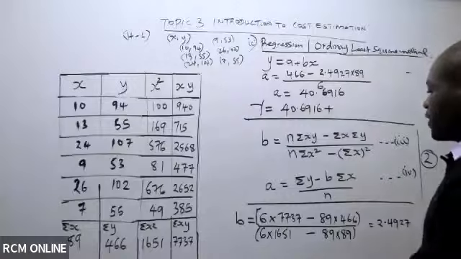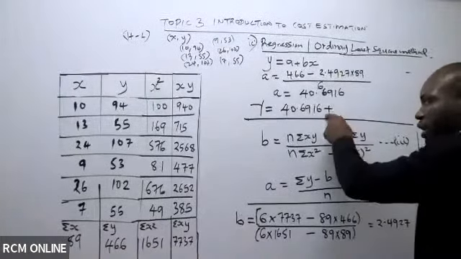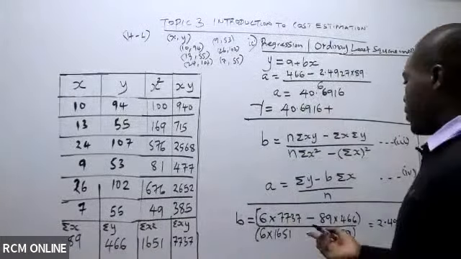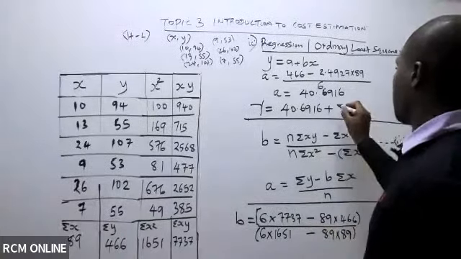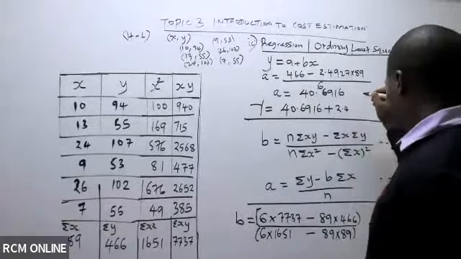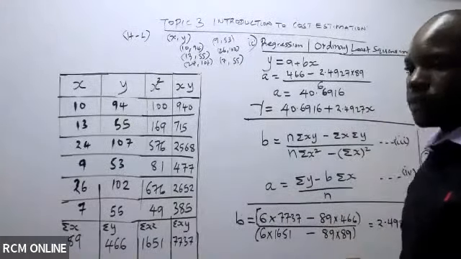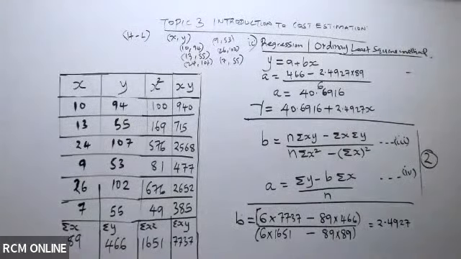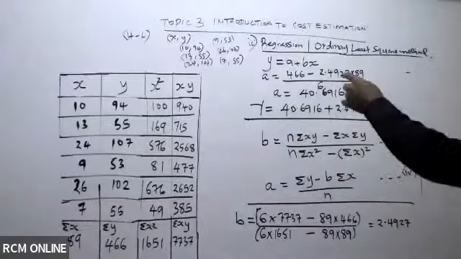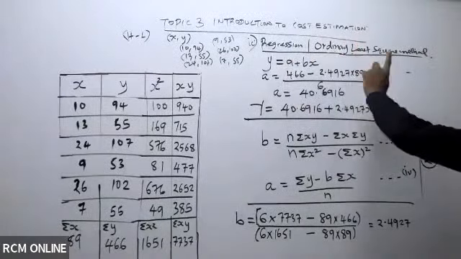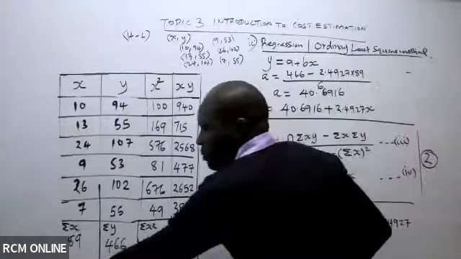Of course, what if the value of B was negative? We put minus BX. But because the value of B is positive, it is plus 2.4927X. That is our cost function using which method? Regression, or the ordinary least squares method.